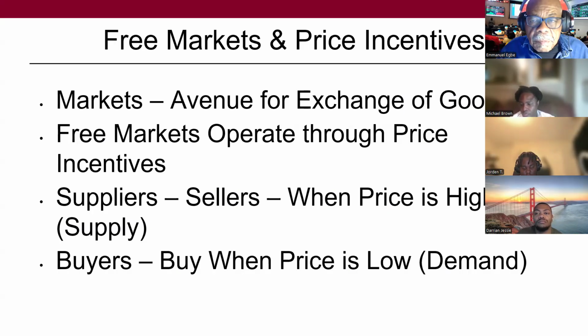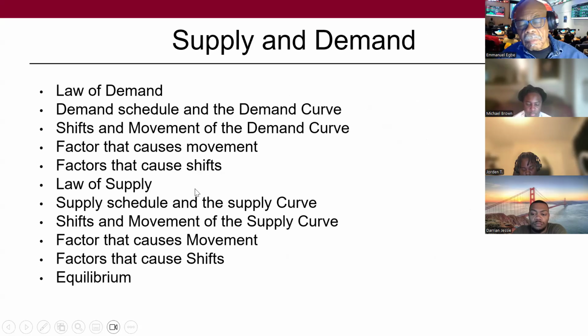Okay, I could say a market is simply a structure, a system, an avenue for exchange of goods. And free markets operate through price incentives. Sellers will sell when price is high, and buyers will buy when price is low. And so what you have is an interaction between buyers and sellers that gives rise to some kind of a balance within the system.